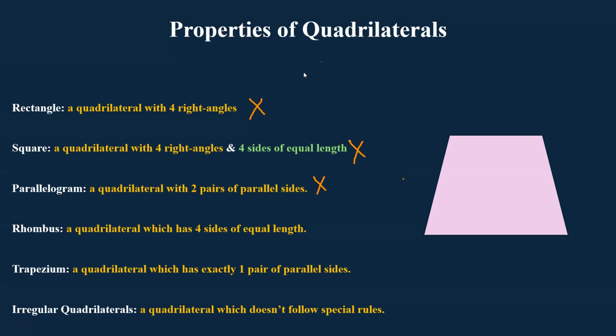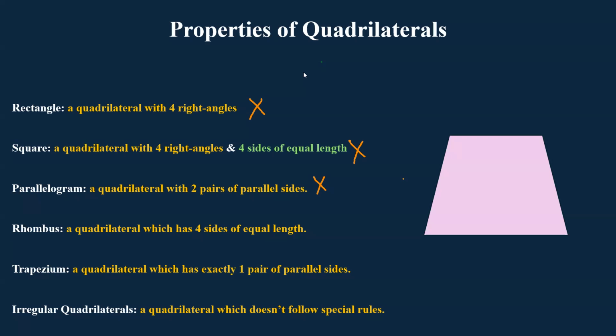All of them are different. Actually, it's not a rhombus, but there are two sides that are equal length. Why is it not a rhombus? Because a rhombus has to have all of its sides equal.